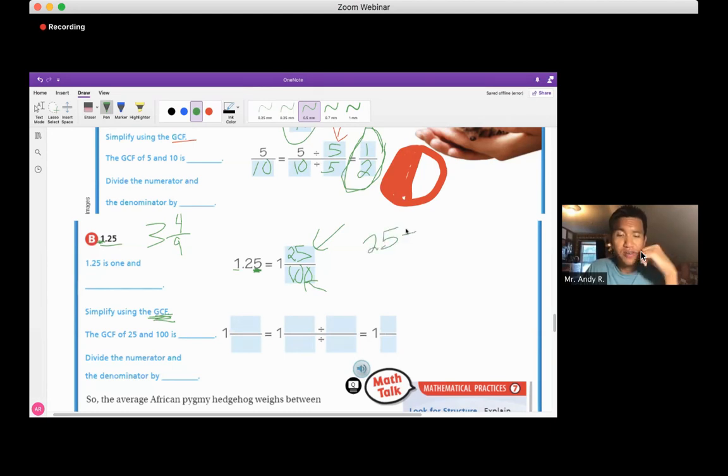So 100 can be divided by 25 itself. And if 100 can be divided by 25, and 25, of course, can be divided by 25, then our greatest common factor is 25.